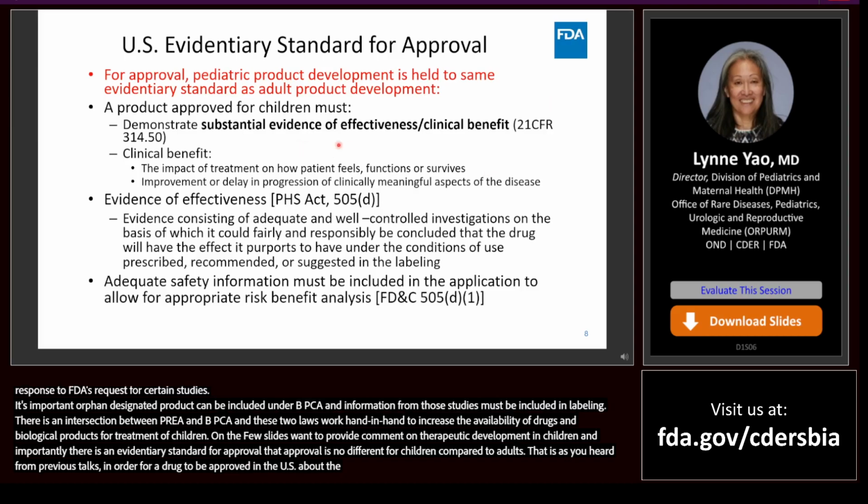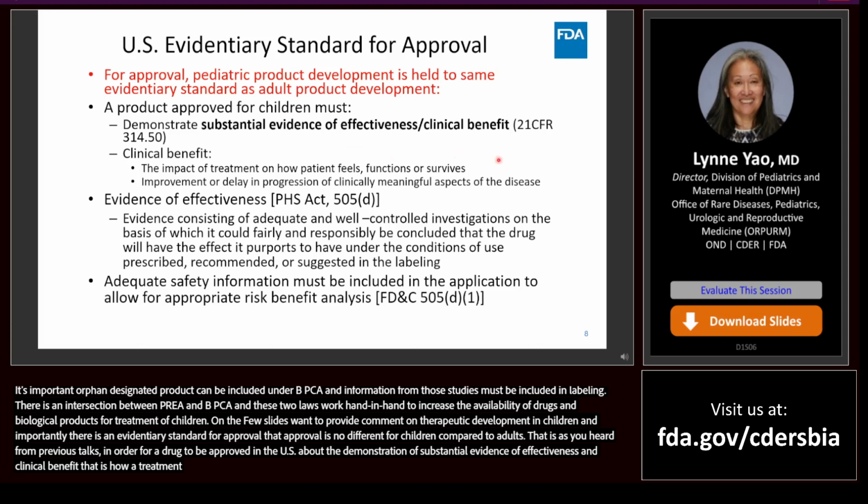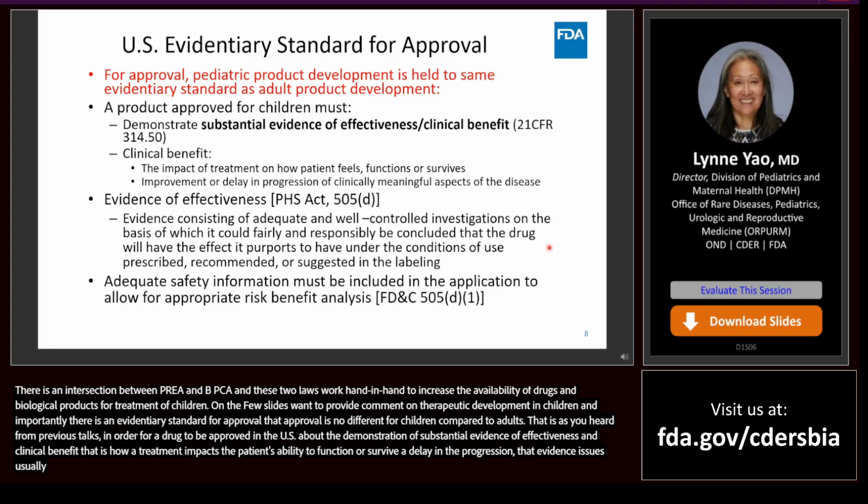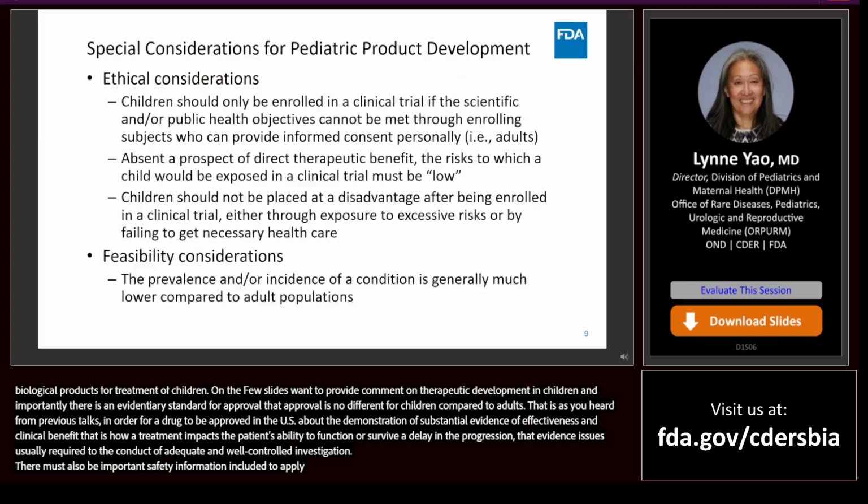That is, how a treatment impacts a patient's ability to feel, function, or survive, or that it improves or delays the progression of clinically meaningful aspects of a disease. And that evidence is usually required through the conduct of adequate and well-controlled investigations. And there must also be important safety information included to apply an appropriate risk-benefit analysis.